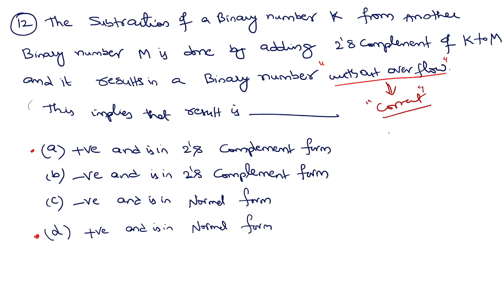They didn't mention anything about C out, whether that is there or not. Accordingly, you can choose the answer. So if C out is 1, then you can say the answer is positive. Let's say C out is 0, then you can say it is in 2's complement form and the answer is negative. Negative and in 2's complement form.